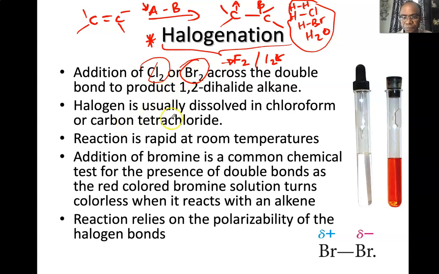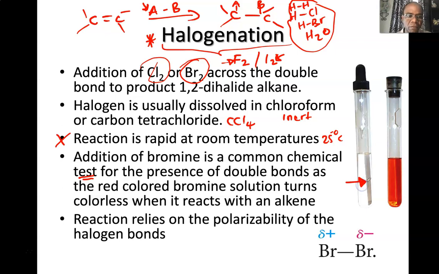So these halogens are usually dissolved in an inert solvent like chloroform or CCl4, and then you add them into the solution of the alkene. The color will change, especially for bromine. So the reaction is usually rapid at room temperature at about 25 degrees Celsius, and it's usually used as a test for alkenes. So let's say you are given an unknown liquid, and those taking 263 lab will discuss testing functional groups.